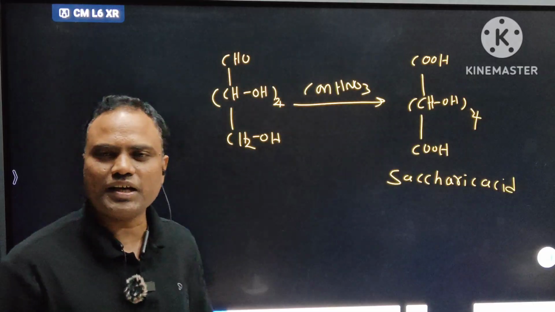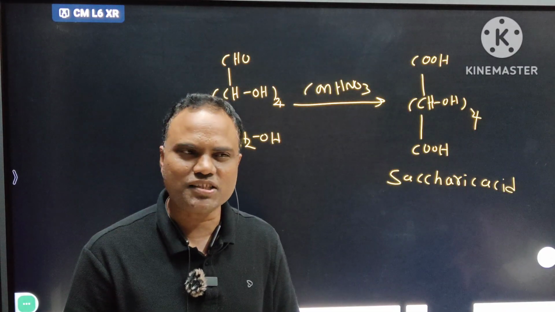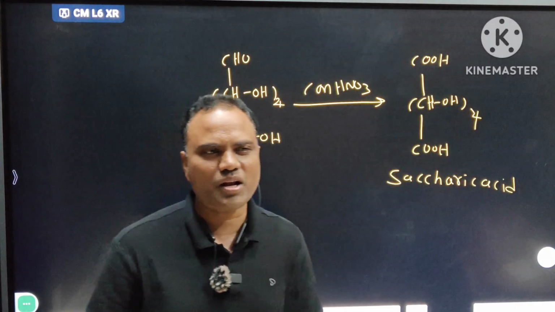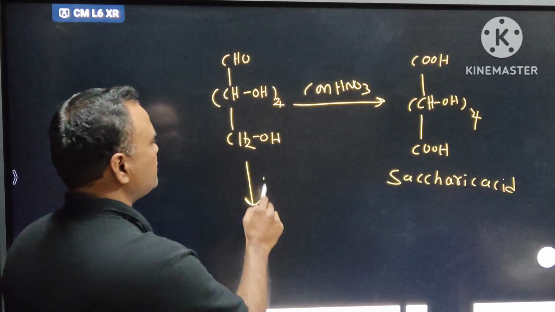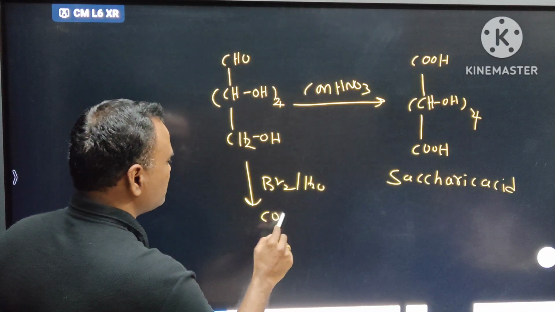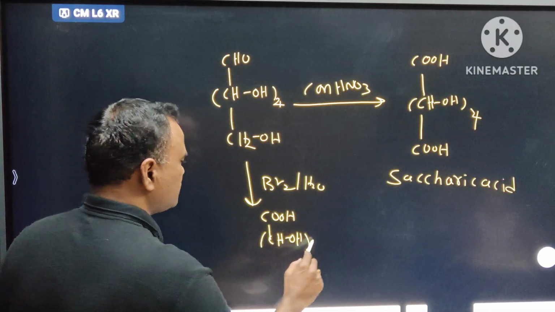Clear? Saccharic acid is a dicarboxylic acid. Gluconic acid is a monocarboxylic acid. Number of carboxylic acid groups when glucose is treated with bromine water? How many?